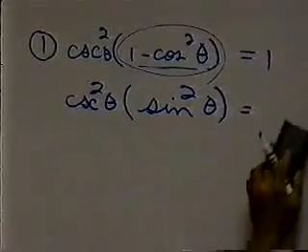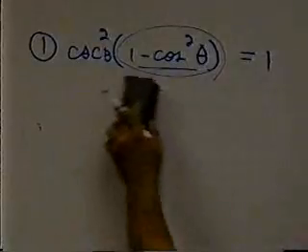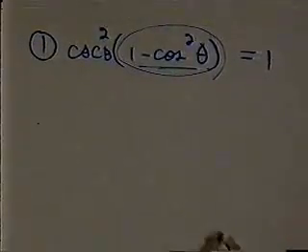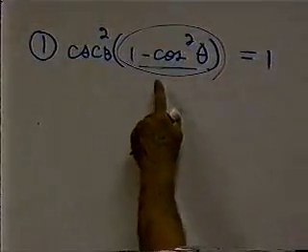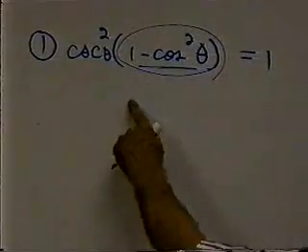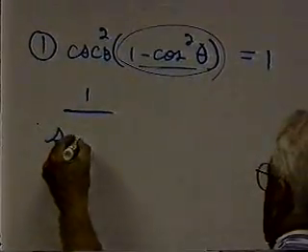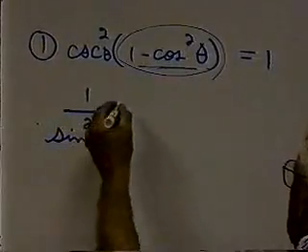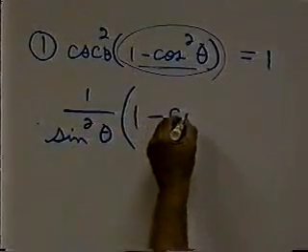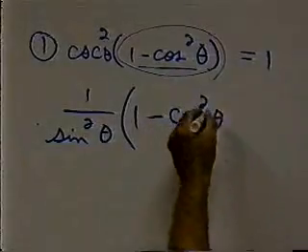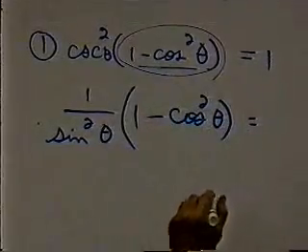Another way of getting this, if you do not see that method, is to, what's the rule? When in doubt, change everything to sine and cosine. So let's come over here and make this 1 over sine squared of theta times 1 minus cosine squared of theta. All right, let's see.